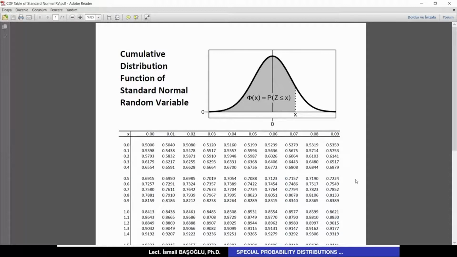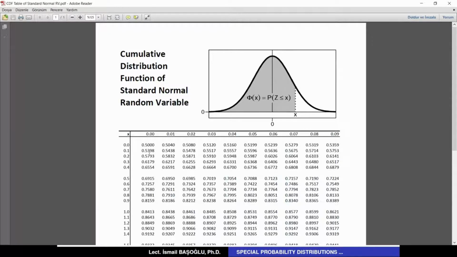But one issue here is, if somebody asks us the probability of a standard normal random variable to be less than or equal to X, where X is not positive but a negative value. So let's just say X is on the left-hand side of this picture, and the cumulative probability up to that point is just going to be less than 0.5.